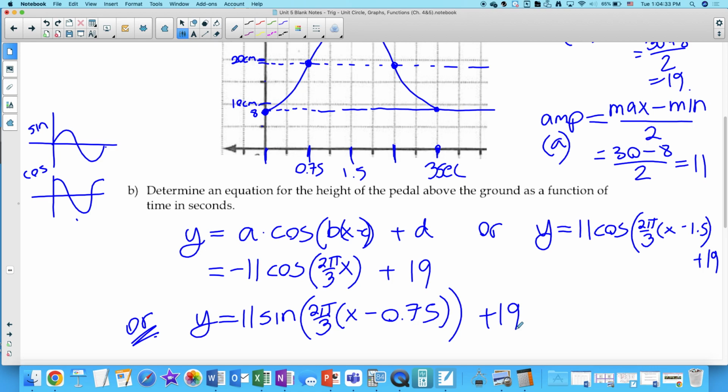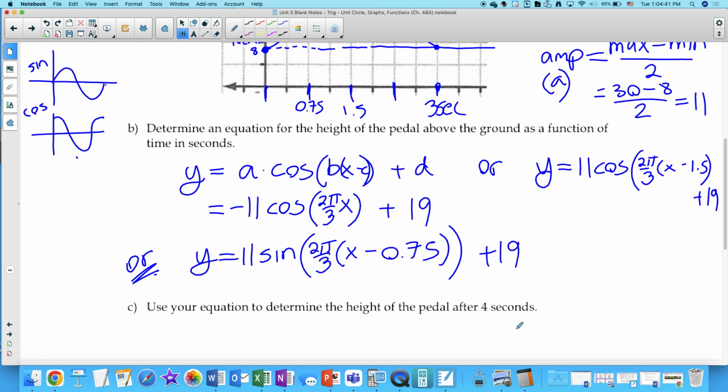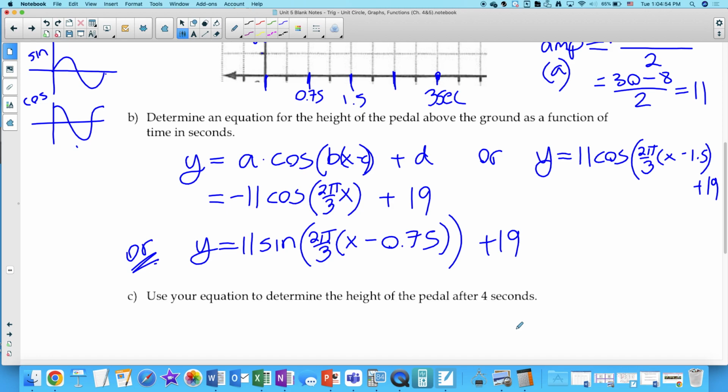The nice thing is that because cosine is simply a horizontal translation of sine, and there's symmetry to the sine and cosine functions, a lot of things don't change, right? The amplitude doesn't change. The midline doesn't change. The period and the b value don't change. What could change is the phase shift.